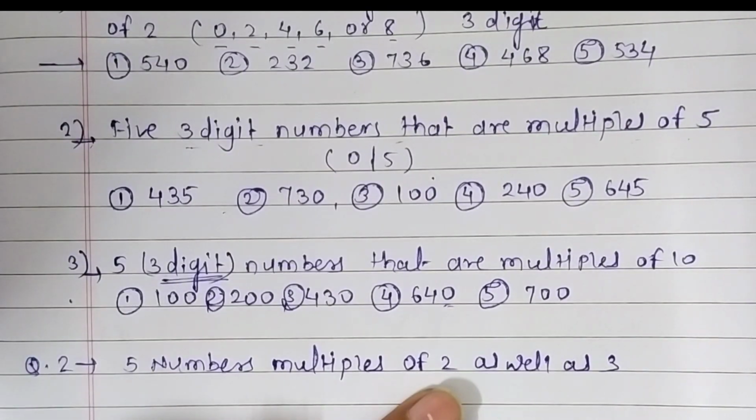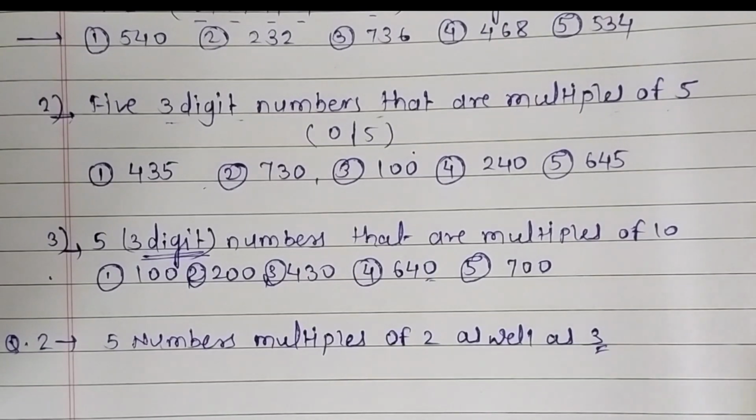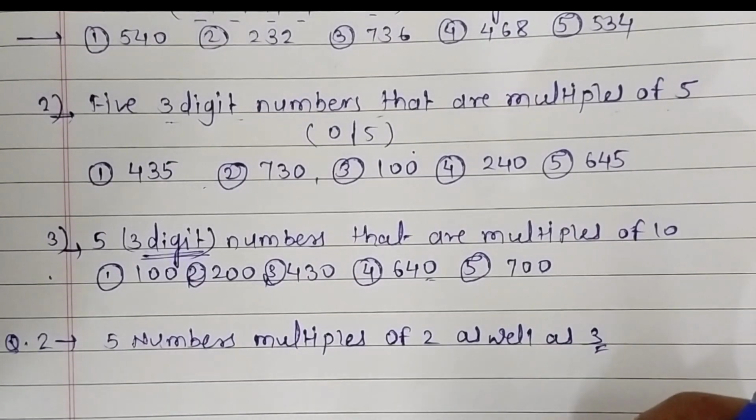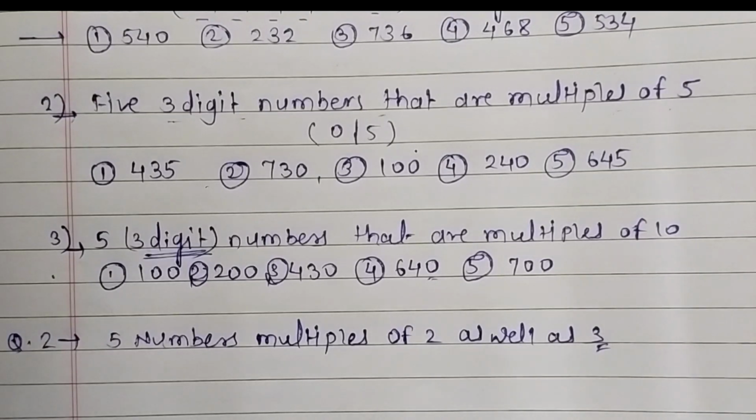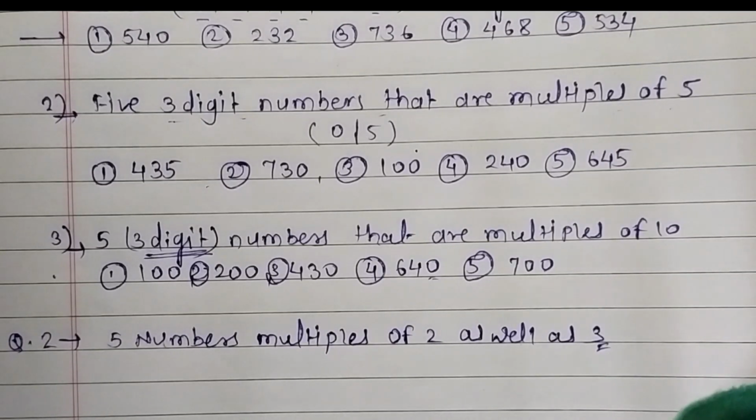You can take the table here, 2's table and 3's table, and write the common multiples here. I tell you in a simple way that the numbers which come in the table of given numbers are also multiples of those numbers.